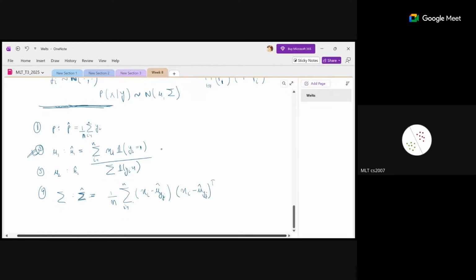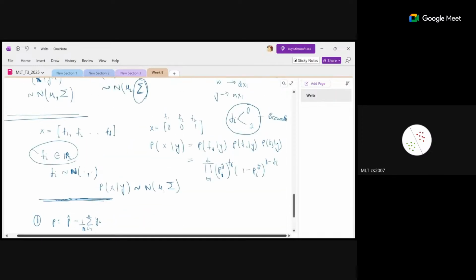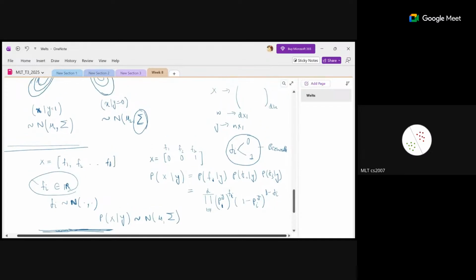So this is nothing but the sample mean, and this is nothing but the sample variance. And all the process stays the same afterward. Whatever we have used for naive Bayes, the same will follow for Gaussian naive Bayes.